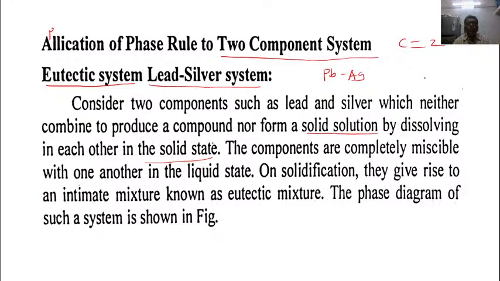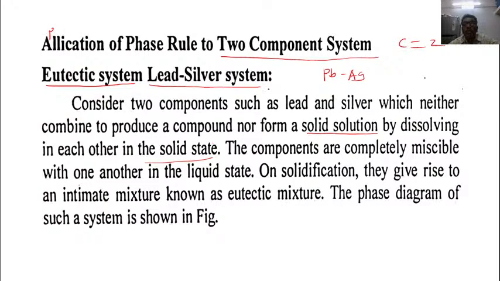It means that they are not going to combine. These two solids are showing their different identity. They never combine. Even though we are trying to mix them up, generally they are not going to combine. So there is no solution formed by dissolving in each other in the solid state.